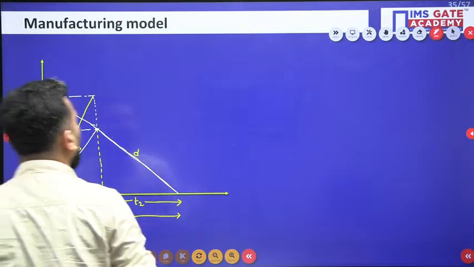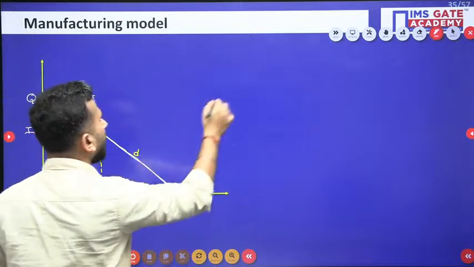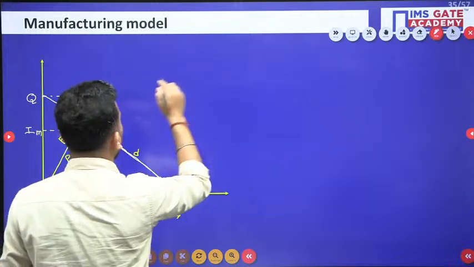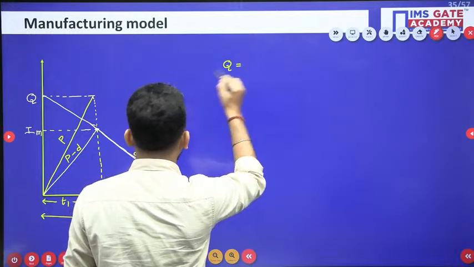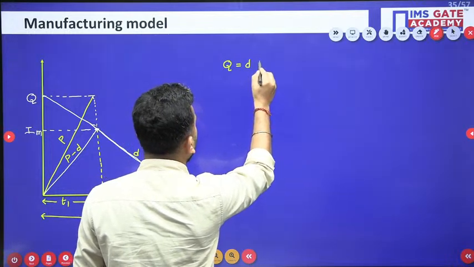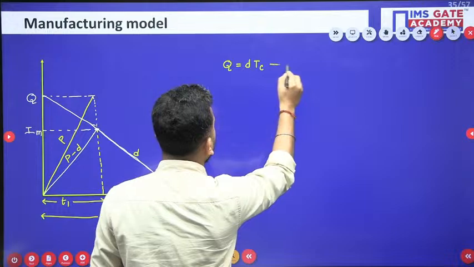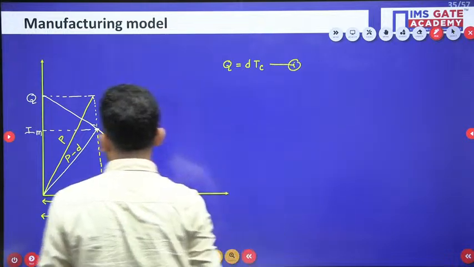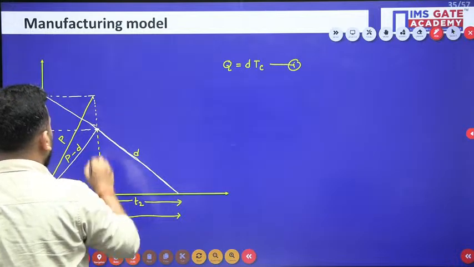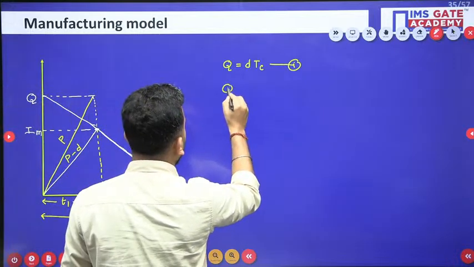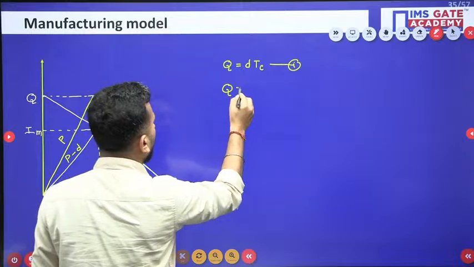Here also, if I make use of the triangle, always remember whatever you are consuming at a constant rate, so D into TC can be my first equation. And then the pure production one: how much you are producing? Q. At what rate?